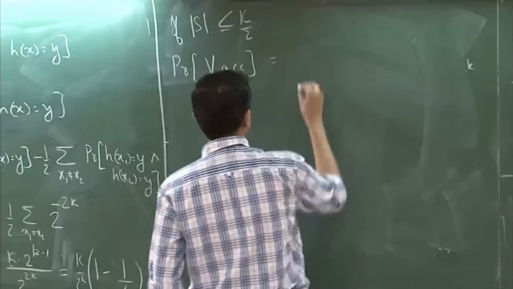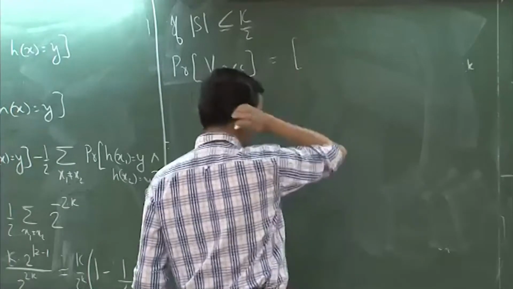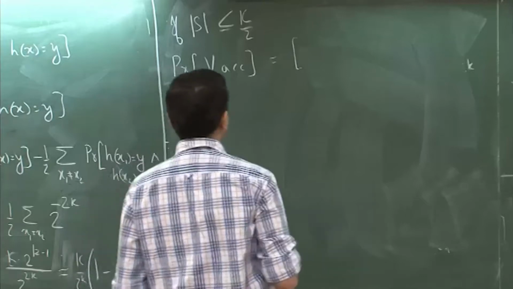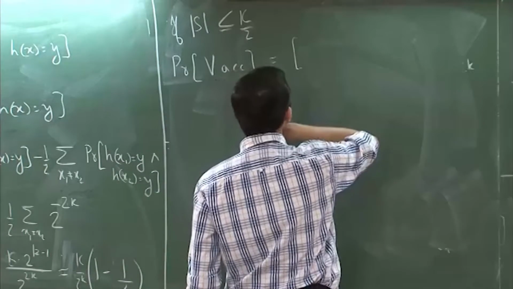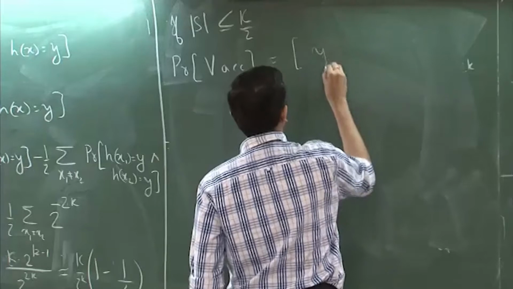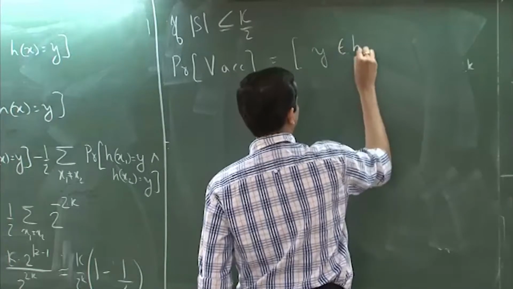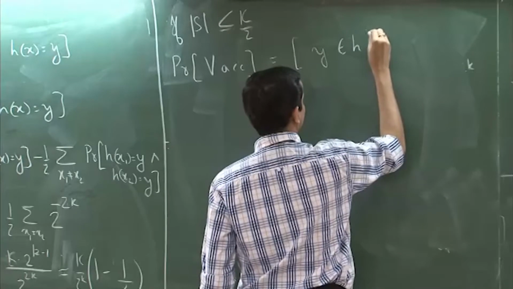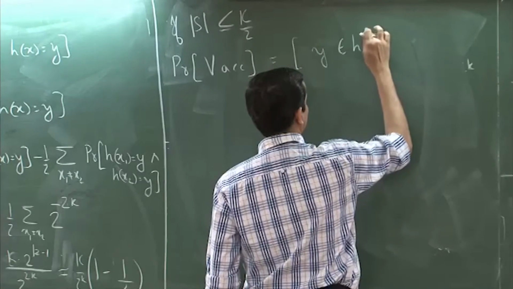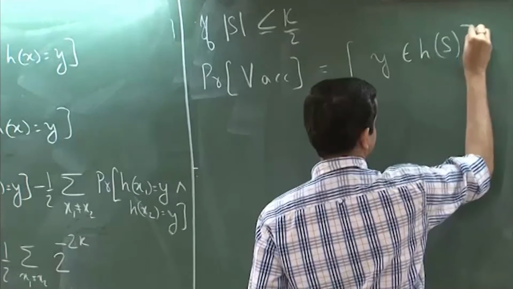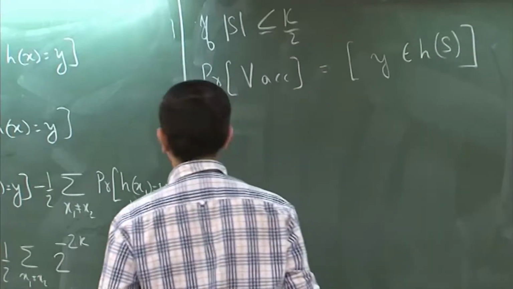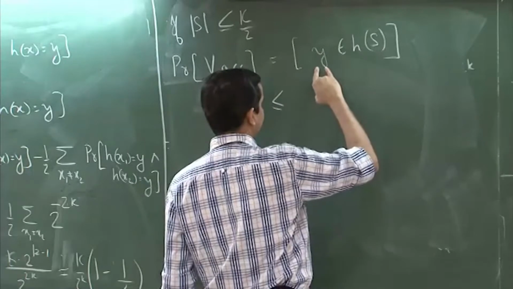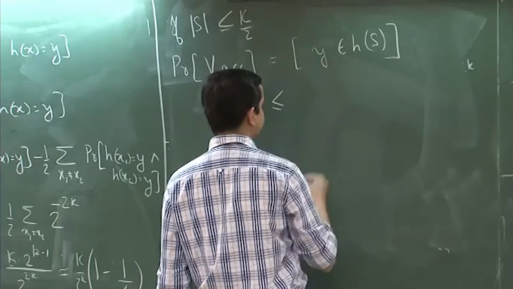The probability is that y belongs to h of s. So, this is less than or equal to... what is the set from which y can be chosen?